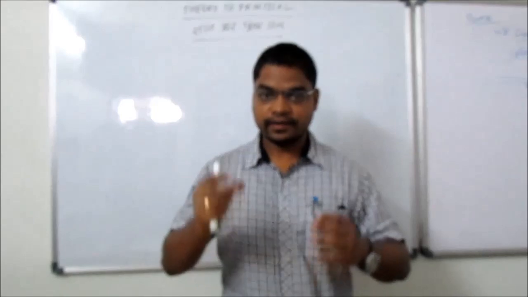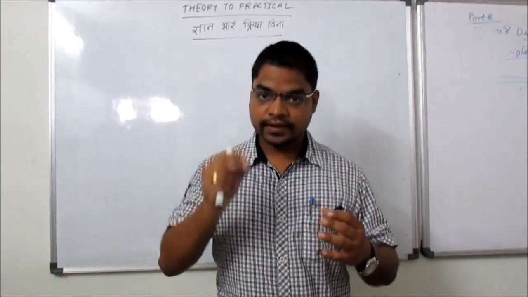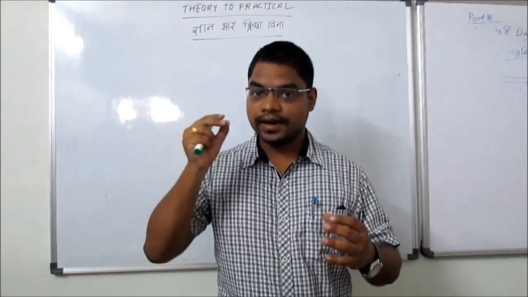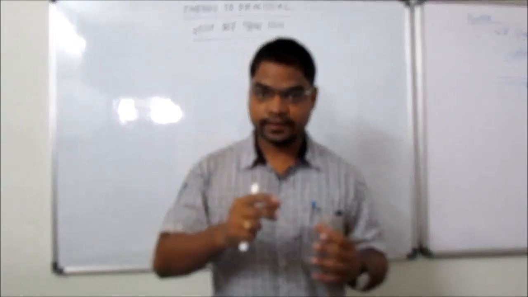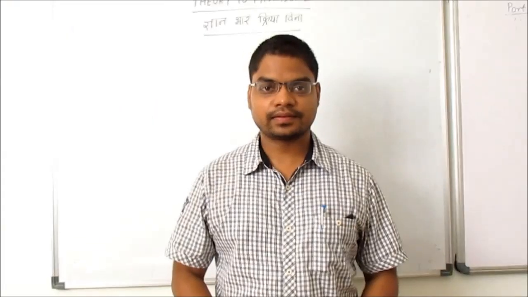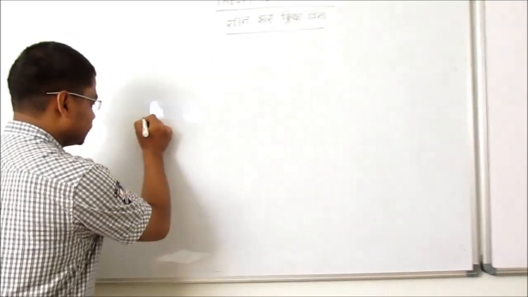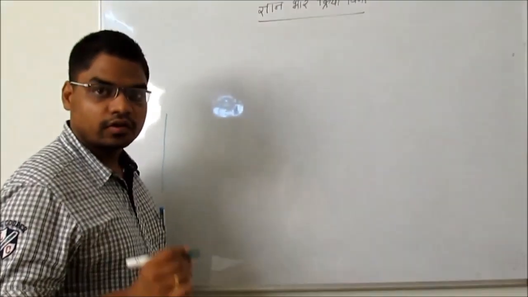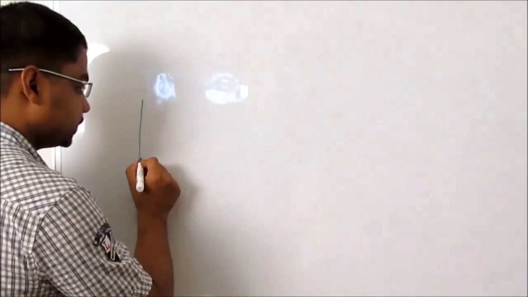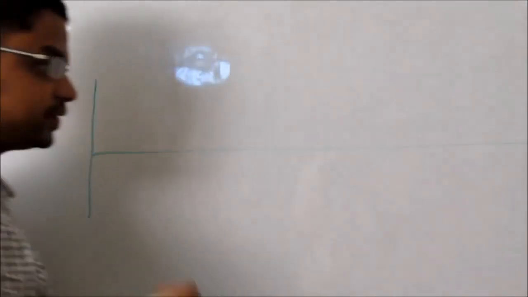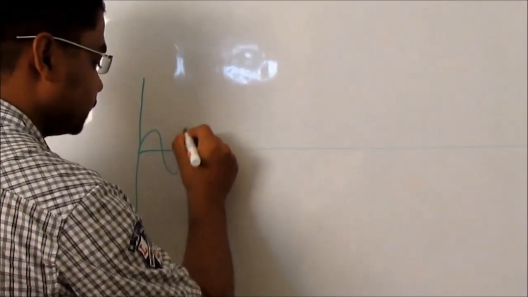For example, if we are given a sine wave of frequency 50 Hz, then we have to take at least 100 samples per second. Consider a signal having frequency 50 Hz. That means in 1 second we have 50 cycles like this.